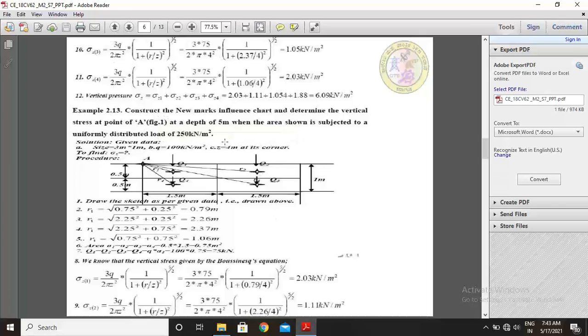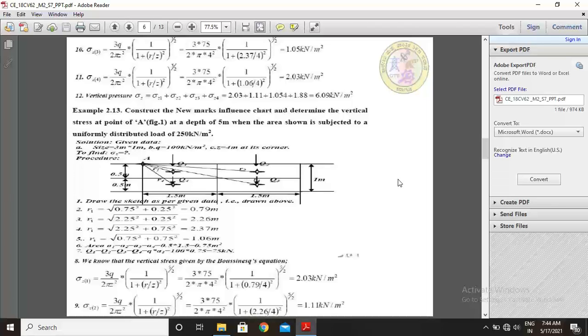Construct the Newmark's influence chart and determine the vertical stress at point A at a depth of 5 meter when the area shown is subjected to a uniformly distributed load of 250 kilonewton per meter square. So from this problem you construct the Newmark's influence chart.